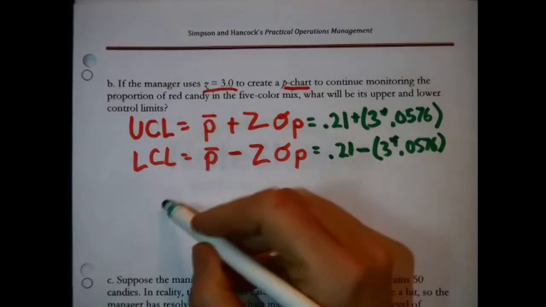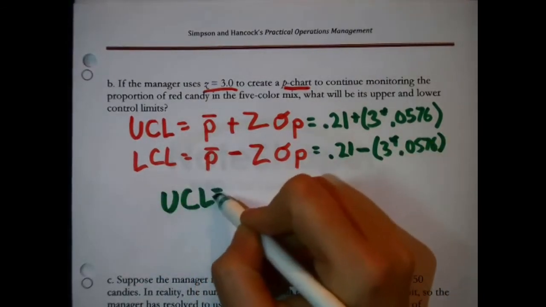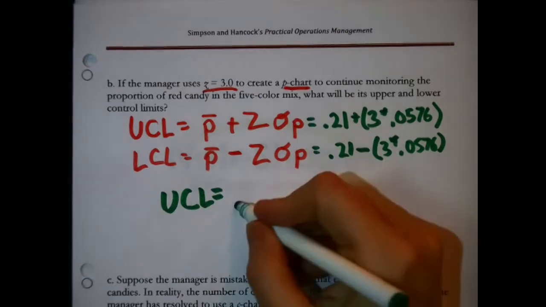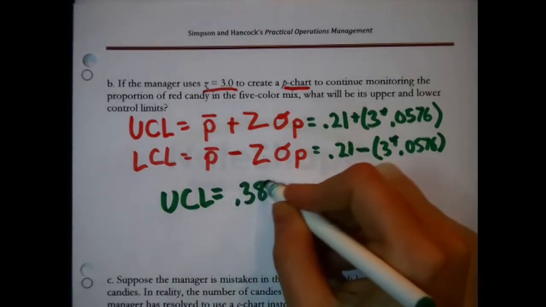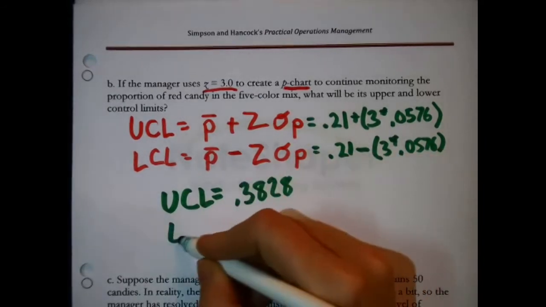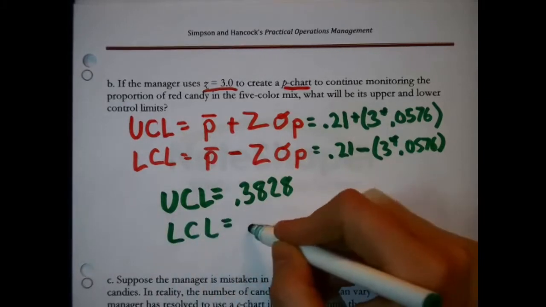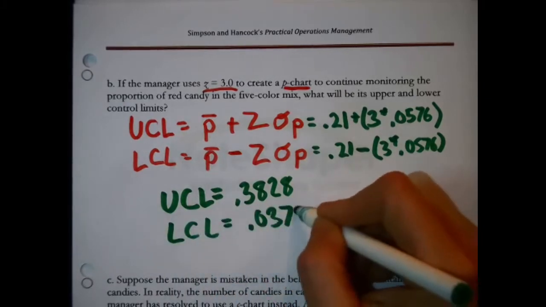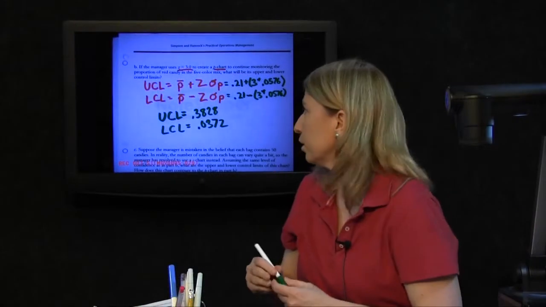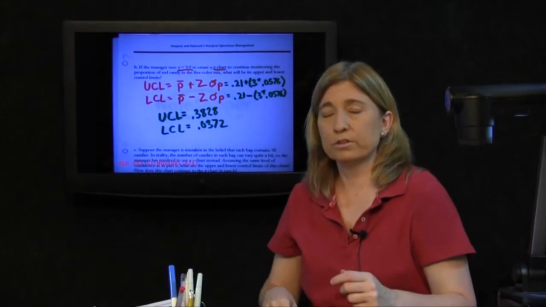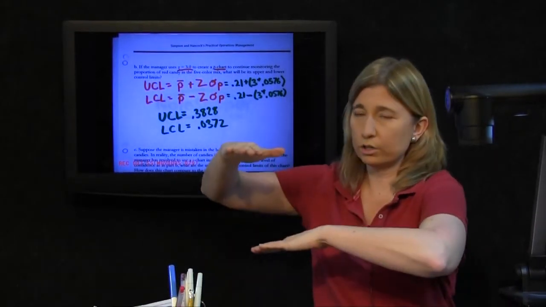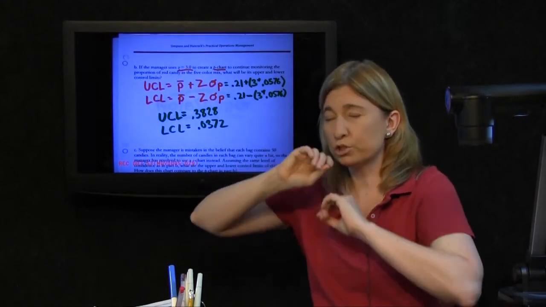So I get an upper control limit of 0.3828, and a lower control limit of 0.0372.